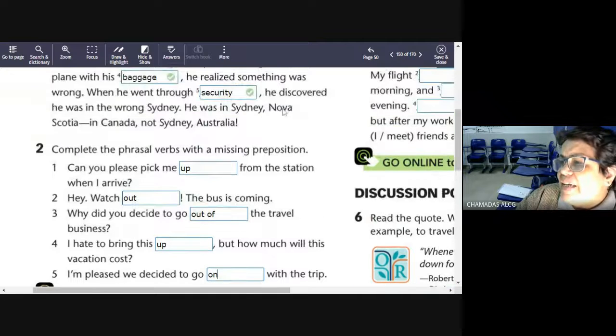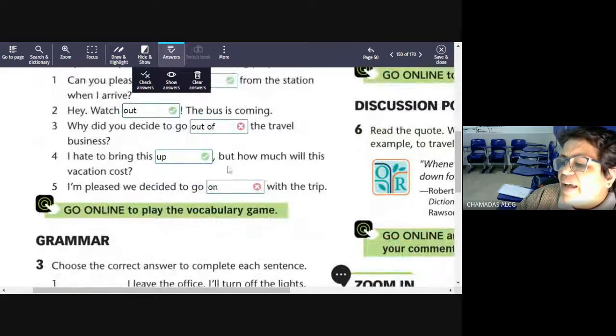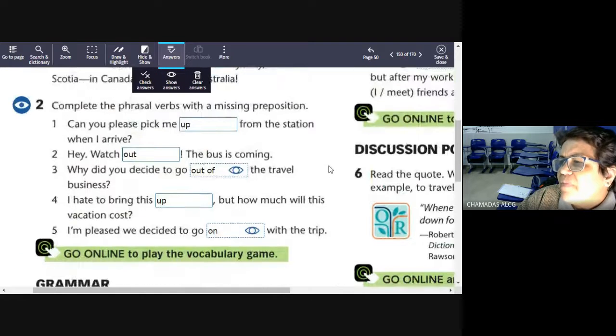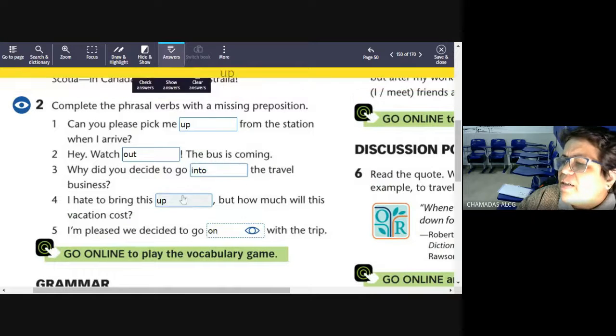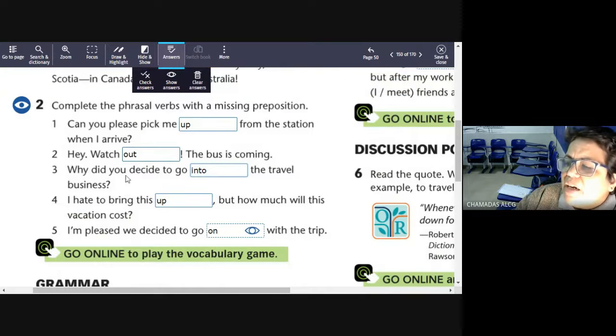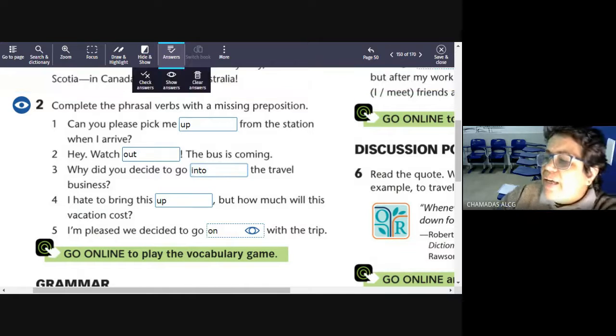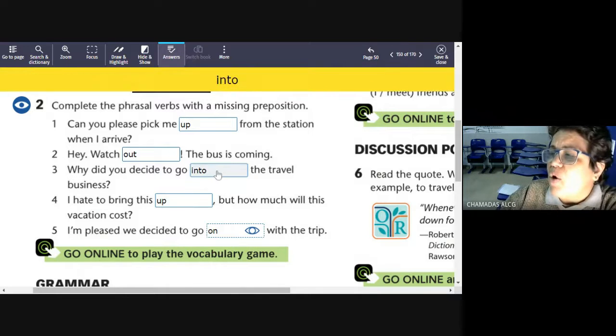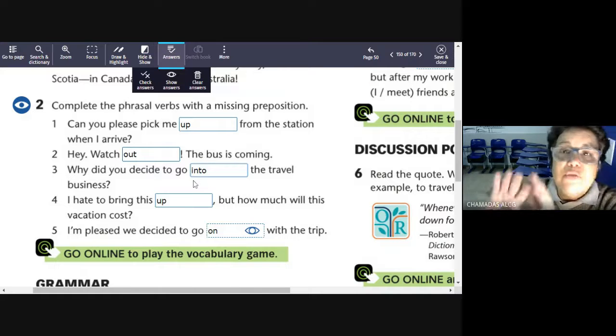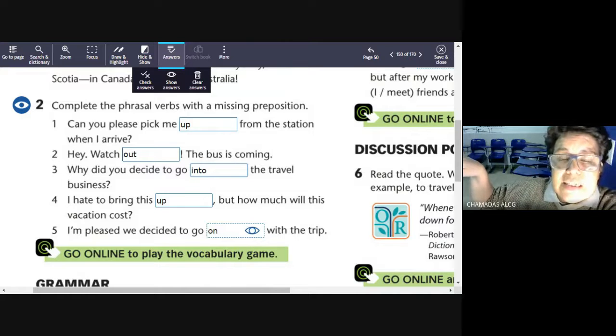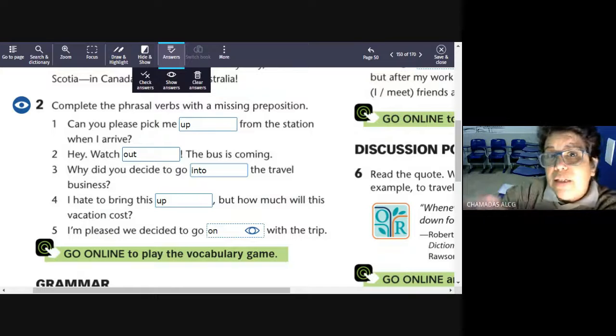So let's see, guys. Let's check the answers. Yay, the last one, they say it's wrong. Let's see why. Actually here, yes, here we can say go out of or go into, okay? In number 3, there are 2 options. We can say go out of when you leave the travel business. For some reason, you don't want it anymore.